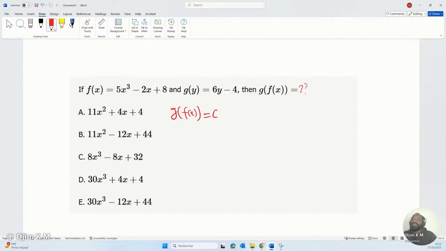Okay, so it's simply going to be 6, we replace y by 5x^3 minus 3x plus 8, minus 4. And then we will have 6 times 5 is 30x^3, minus 18x plus 48 minus 4.